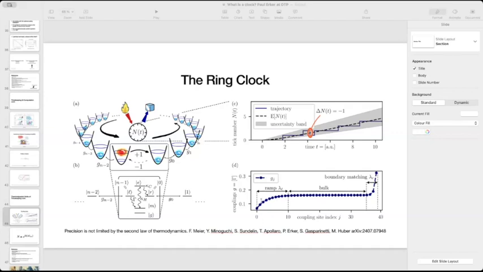I would be very happy to have a look. And yes, for the moment, when it comes to finding systems where we can actually see this behavior or engineering really autonomous quantum clocks, we're trying to do it in superconducting qubits at the moment.